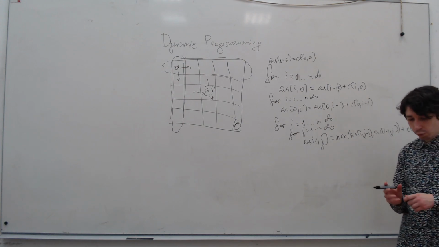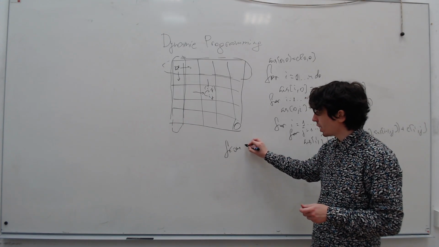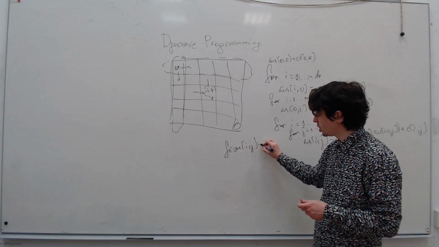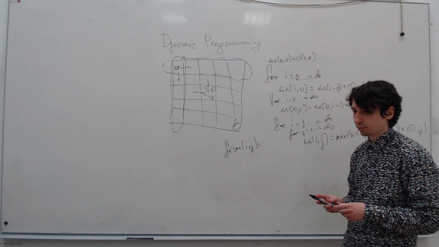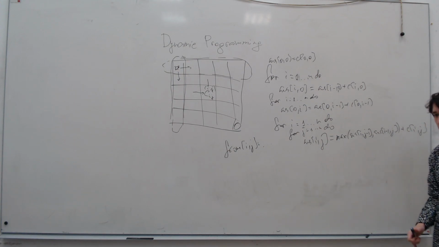We need something which tells us from which cell we come to ij. Yeah, that's good. So how will this code change? I'm not sure. We should somewhere remember the previous state or action.